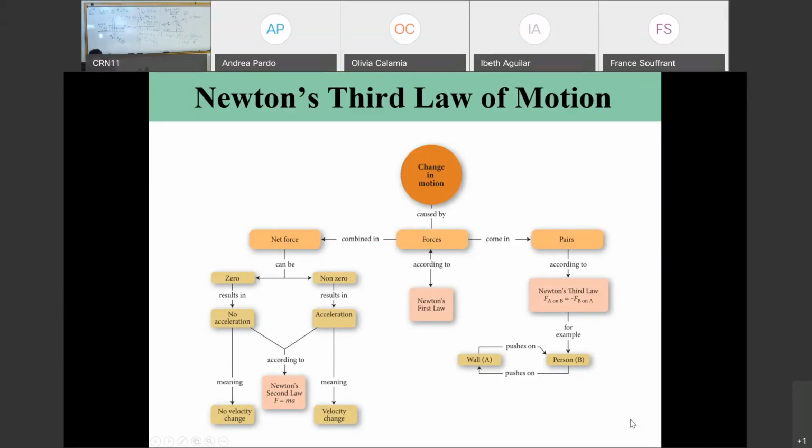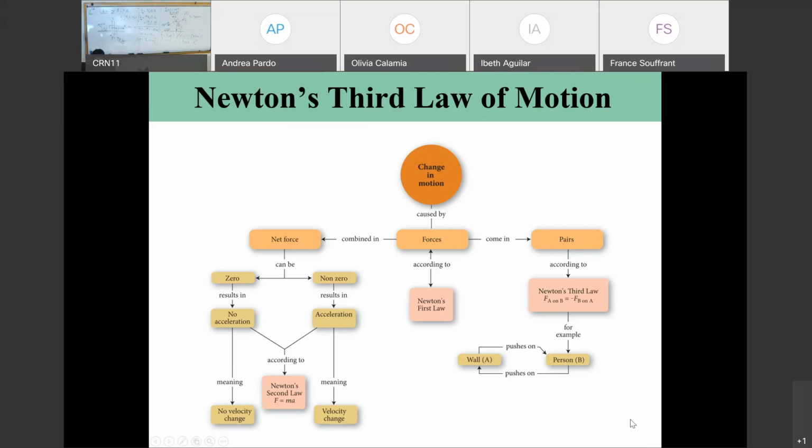So for example, if you are pressing the table, you will also feel a force on your hands. That's the reaction of the table against your hands. All right? So if you push on the wall, the wall pushes on you. That's how they come in pairs.